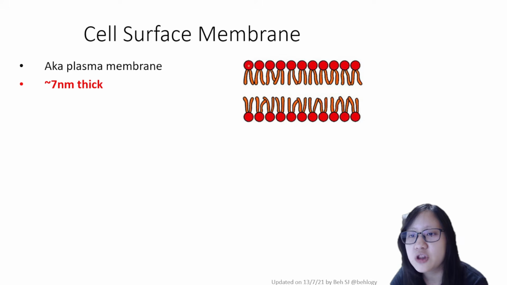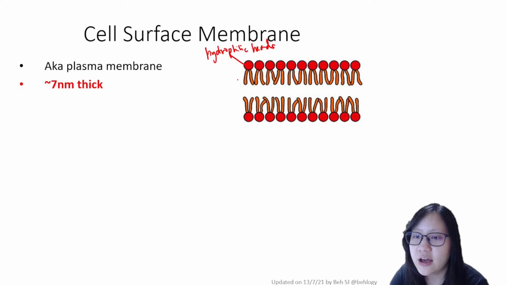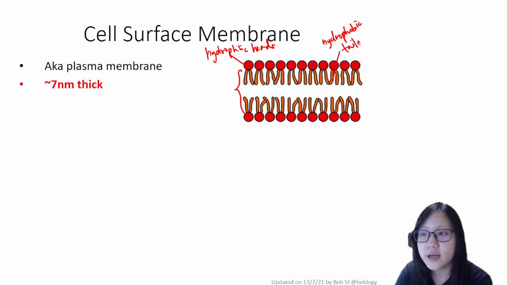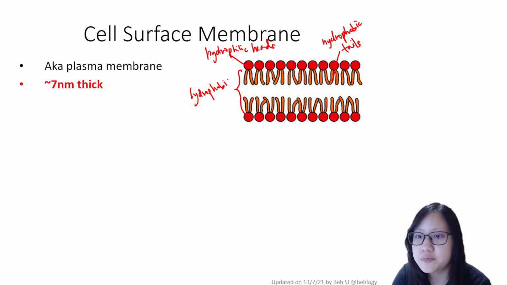This is a little phospholipid diagram right here, and the heads are called hydrophilic heads, and they point outwards, and they have these tails which point inwards. These are hydrophobic tails. Let me draw a line there. Hydrophobic tails. And because they all point inwards, this forms a hydrophobic core.